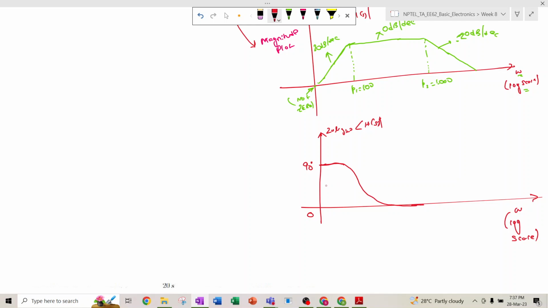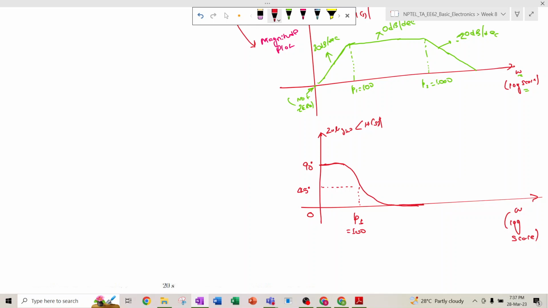Now remember one thing: at the pole point there will be a 45 degree phase shift. So for p1 equal to 100, it will be 45 degrees.